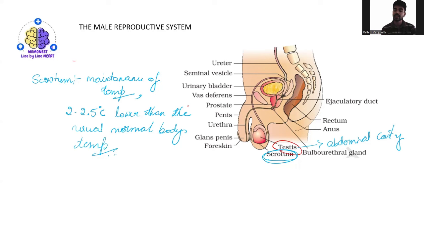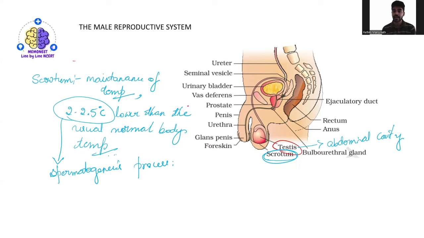Basically, what happens is that to maintain a proper temperature, the scrotum keeps it lower than the normal body temperature, around 2 to 2.5 degrees Celsius lower.